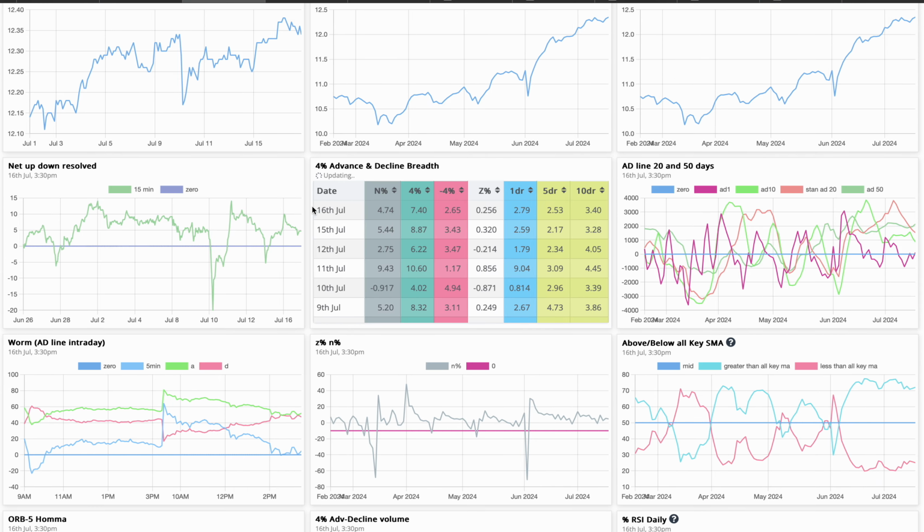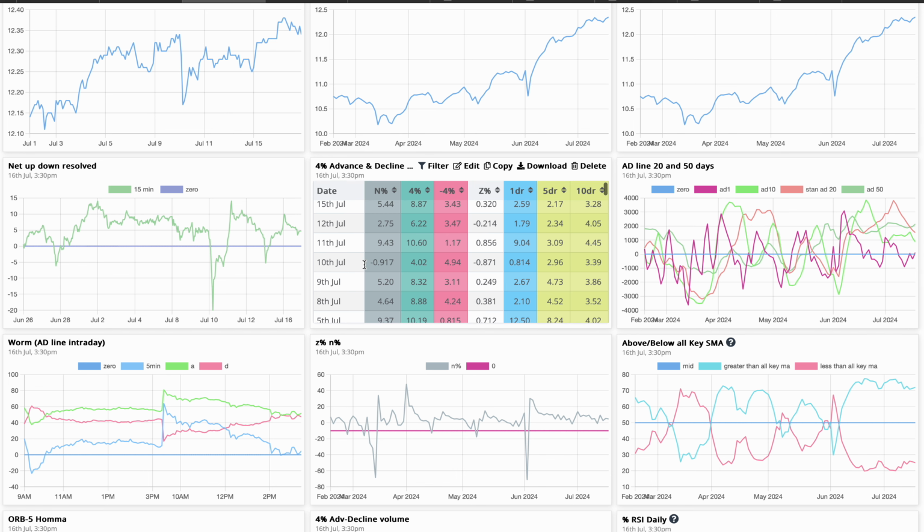What's buying versus selling. So another very good breadth indicator for that is the 4% net 4% move. It basically plots what percent of stocks made a 4% or more move to the upside, what percent of stocks made minus 4% or more move to the downside, and what's the net number.